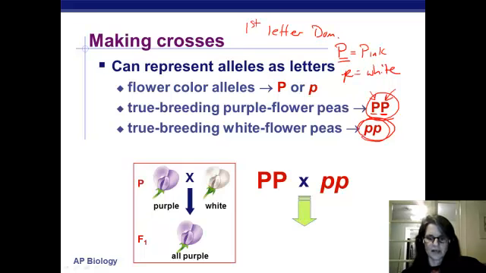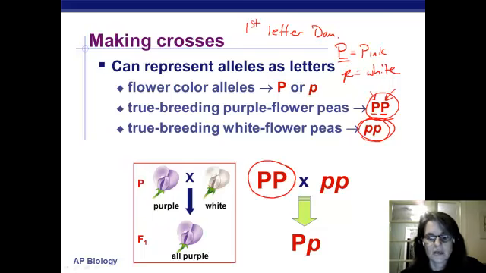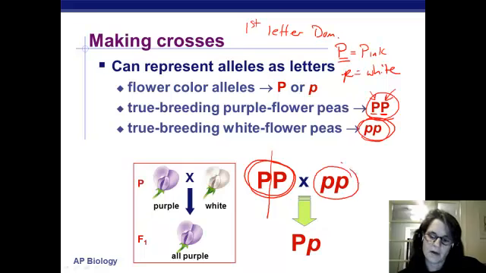And when we cross them, we get offspring that are big P, little p. Why? Because at meiosis, it is determined. Remember, the chromosomes split. We cut the chromosome number in half. So we're going to cut these alleles apart. We're going to cut the homologous pairs apart.